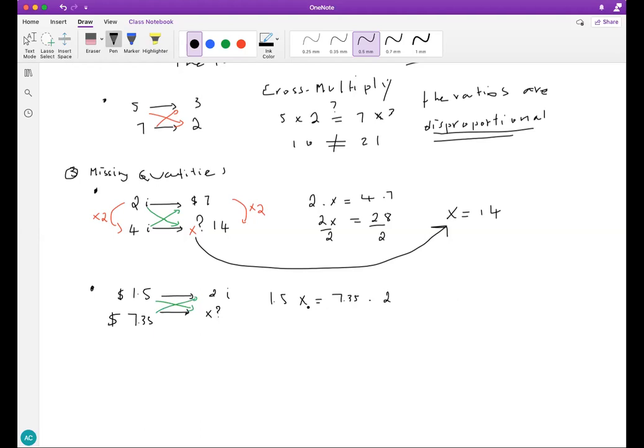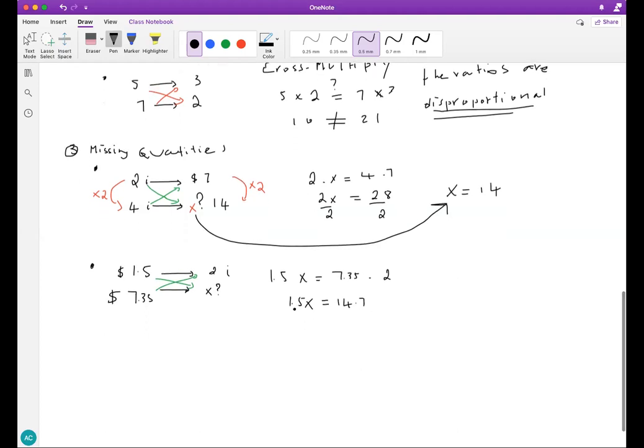This will be 14 and 0.7, I believe, that's right. You can always do your multiplication on the side. We learned how to do the multiplication of decimals earlier this semester. So this will be 14.7.